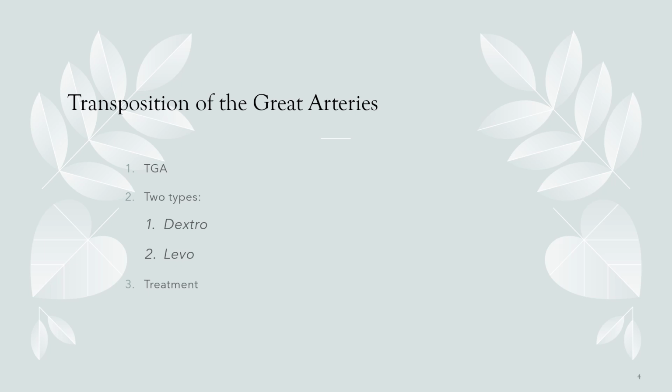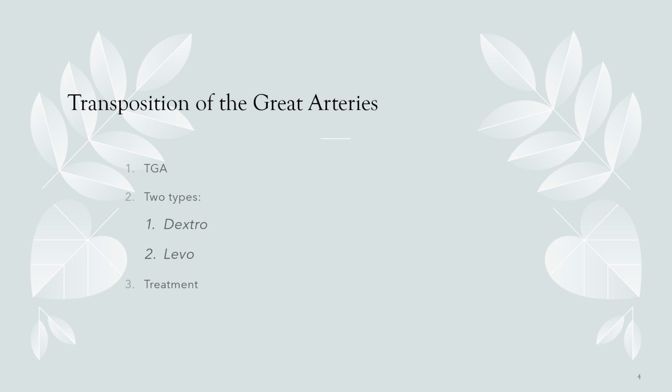This means the patient with dextro TGA will depend on the intermixing of two circuits through the PFO, PDA, and VSD. So you're going to be depending on those to stay alive. And when those shunts close, sudden death occurs because the body doesn't receive the oxygenated blood.